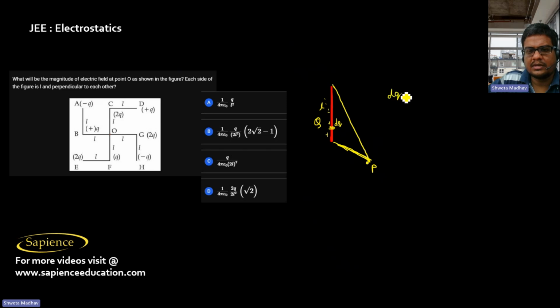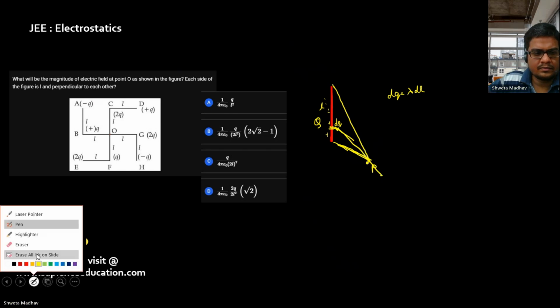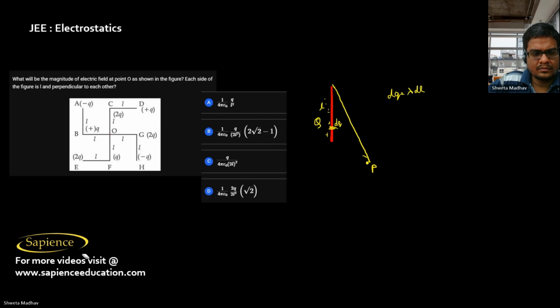dq will be equal to lambda times dl. So this is theta 1, this is theta 2, this is theta, suppose. Then this will be for dq.